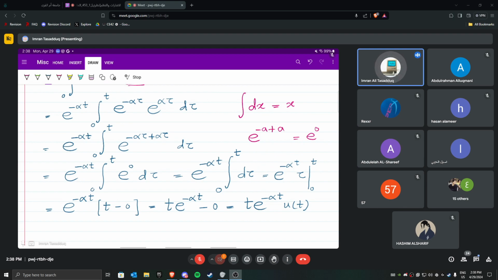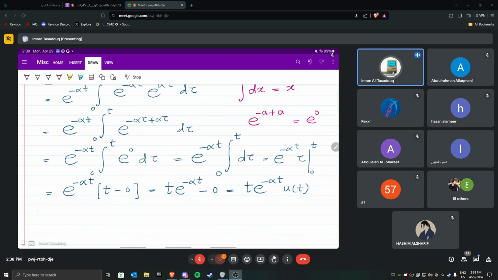All right, any question? If it asks for example t equal 5, just apply t equal 5 in the equation. Yes, exactly.